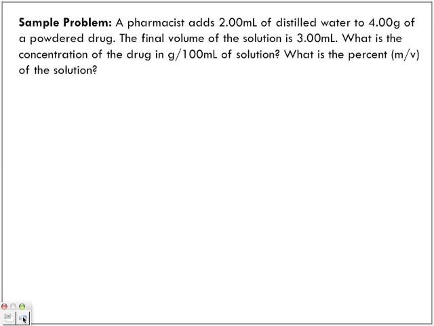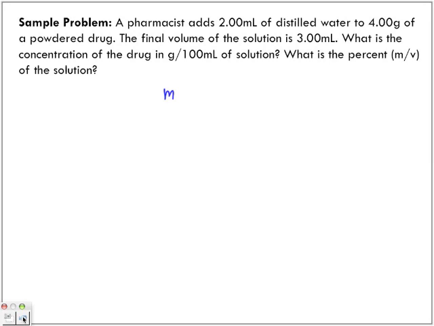A pharmacist adds 2.00 milliliters of distilled water to 4.00 grams of a powdered drug. The final volume of the solution is 3.00 milliliters. What is the concentration of the drug in grams per 100 milliliters of solution? What is the mass per volume percent of this solution? So let's start off with our initial equation.